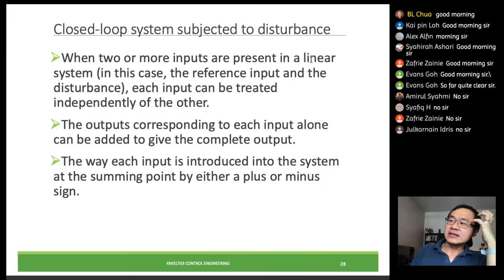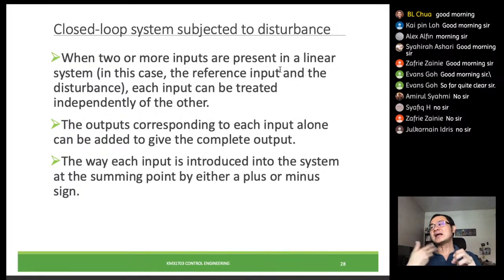In that sense, we just add and subtract it in the summing junction. But sometimes it is passing through some controller block. The signal may come in another form, like you may have, let's say, a disturbance of the signal by electromagnetic wave or whatever it is.